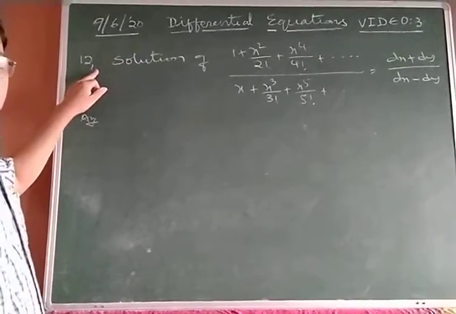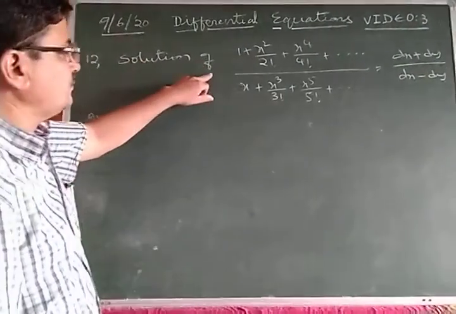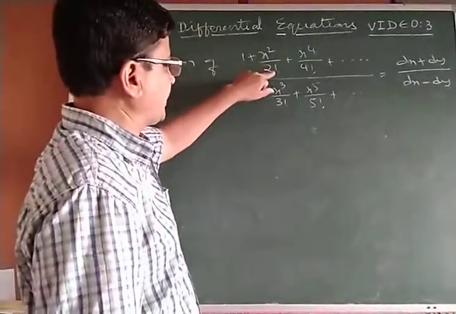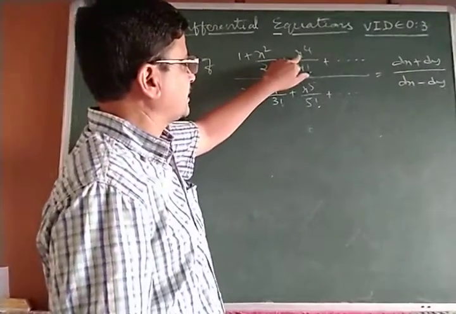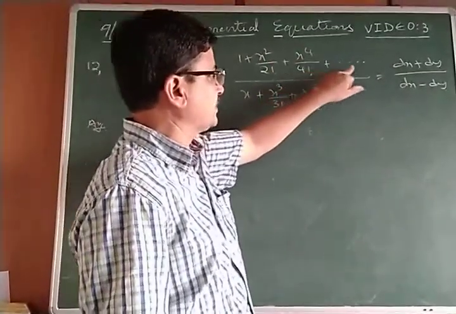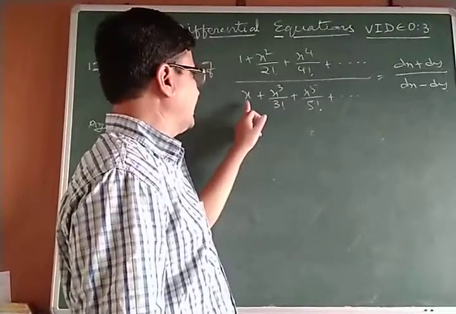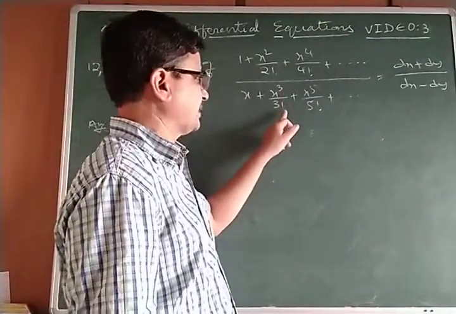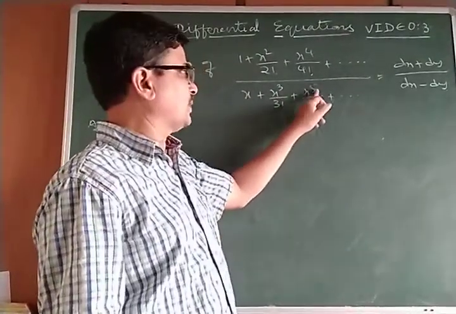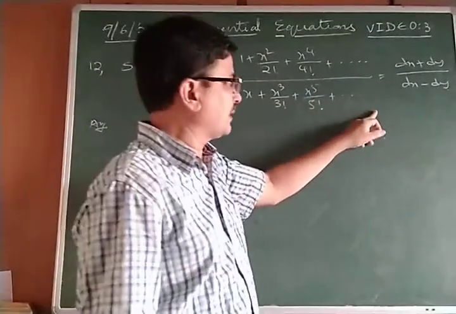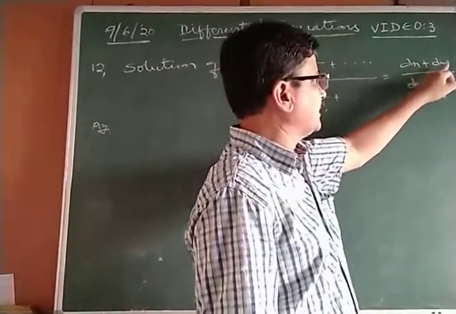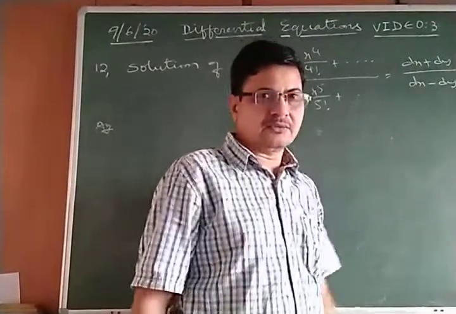Question number 12. Solution of (1 plus x square by 2 factorial plus x power 4 by 4 factorial plus so on) whole divided by (x plus x cube by 3 factorial plus x power 5 by 5 factorial plus so on) is equal to (dx plus dy) by (dx minus dy).